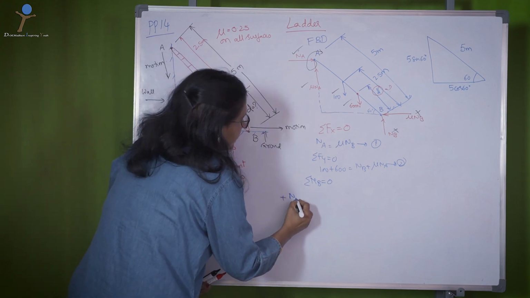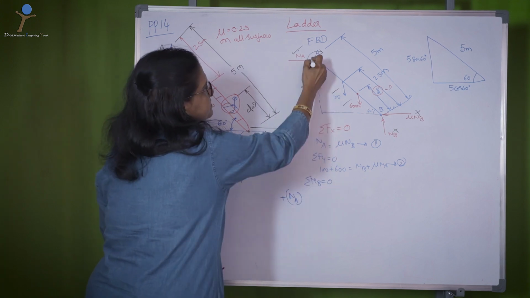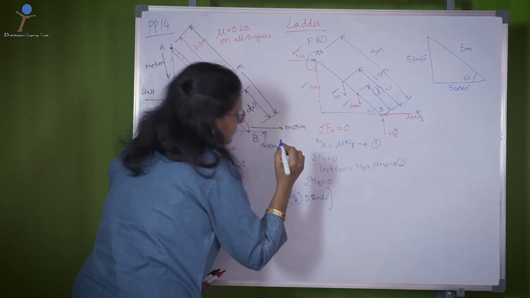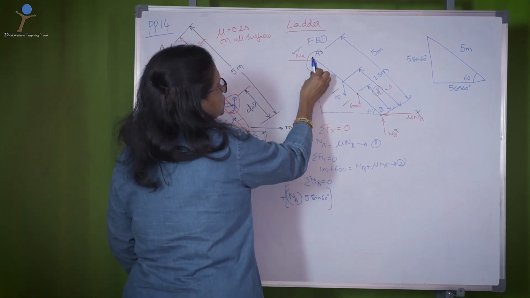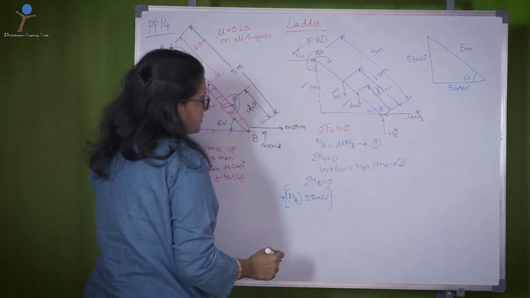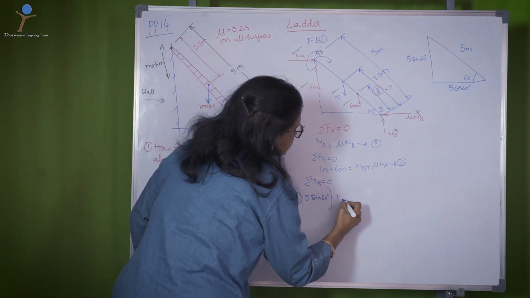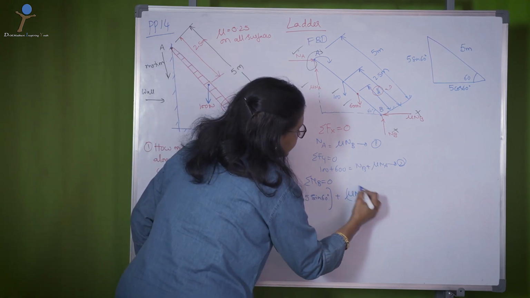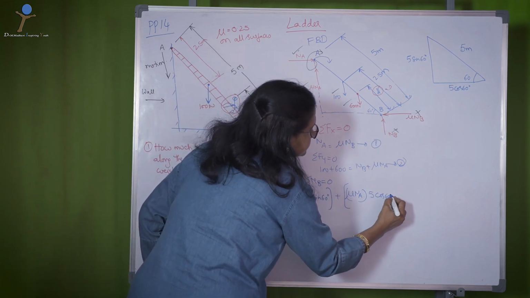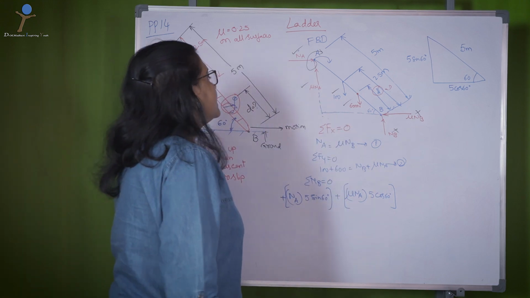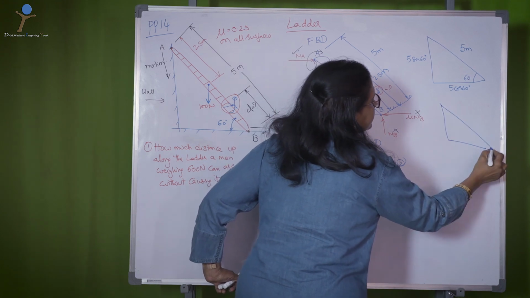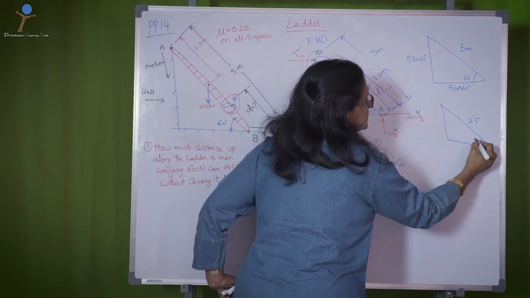So I write it as plus NA multiplied by the perpendicular distance, 5 sin 60. Mu NA, which is vertical in the upward direction, rotating about the moment center is again clockwise, so plus mu NA multiplied by the perpendicular distance, 5 cos 60. Then comes another triangle, which is around 2.5, with the same 60 degrees.